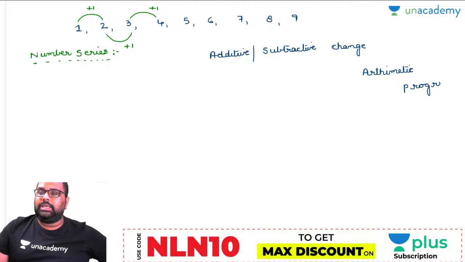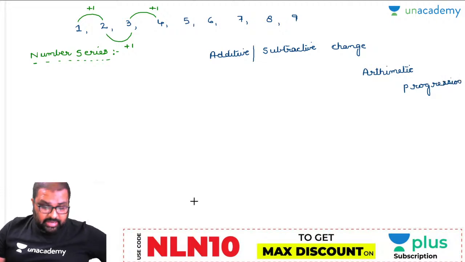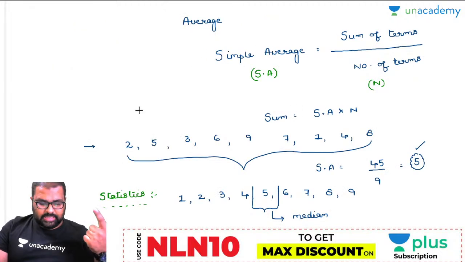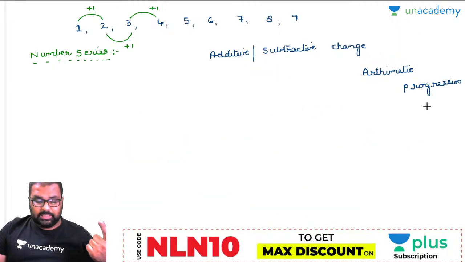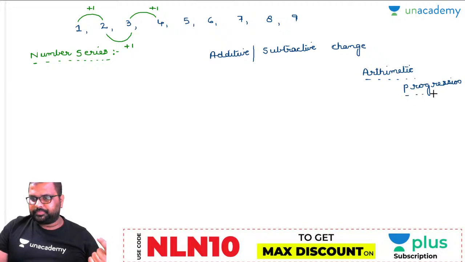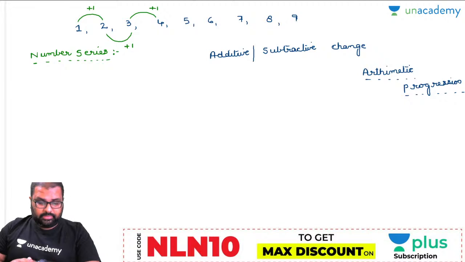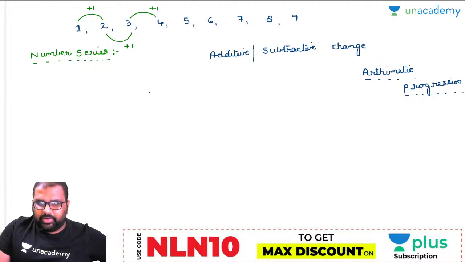So now see here, the same random series of numbers we have dealt with in three different ways. One is simple average in the previous slide, second is statistics, and the third is arithmetic progression. Now, let me know, in arithmetic progression the term you have to find out is arithmetic mean. What is this arithmetic mean?